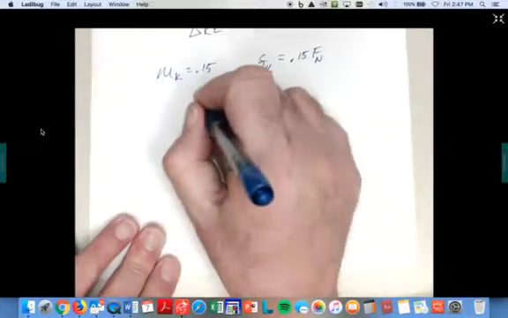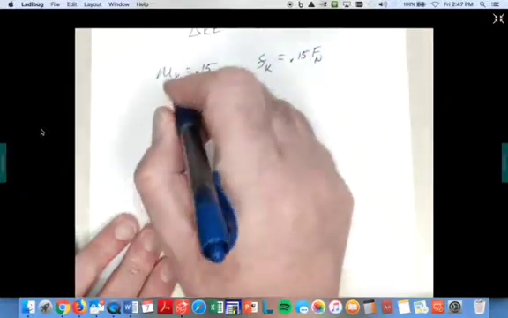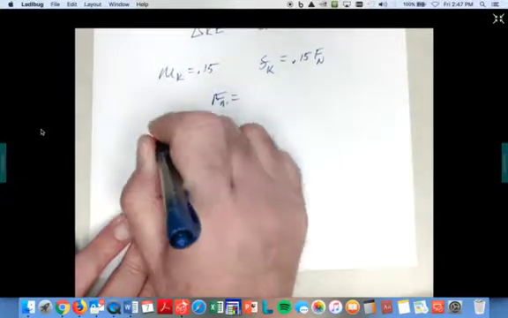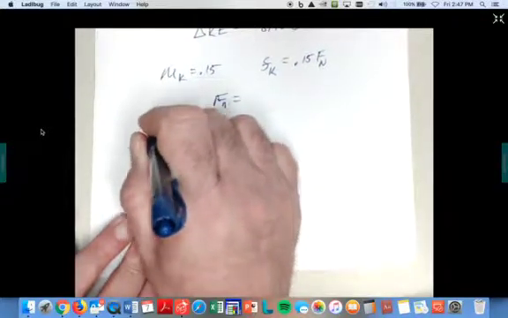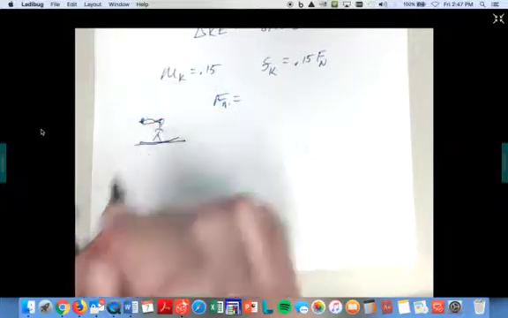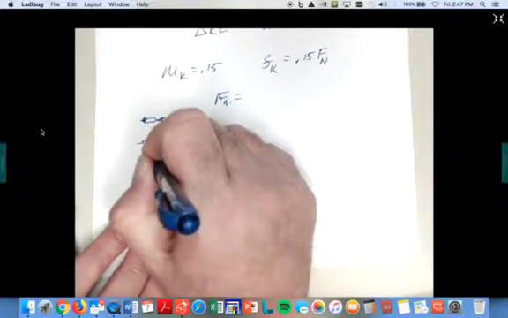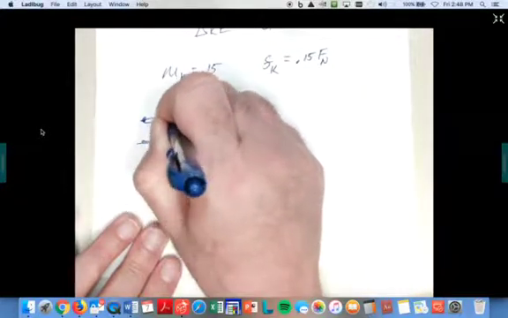Well, what's the normal force equal? The normal force in this case is just equal to, let me just draw a quick picture of her on the snow here. All right, this is my quick and dirty Michaela Shiffrin picture. So she's got her center of gravity going down like this. The snow is pushing up on her like this.